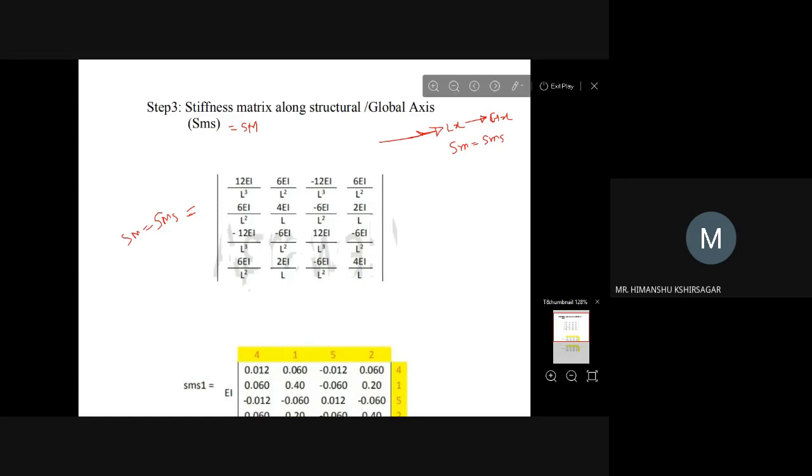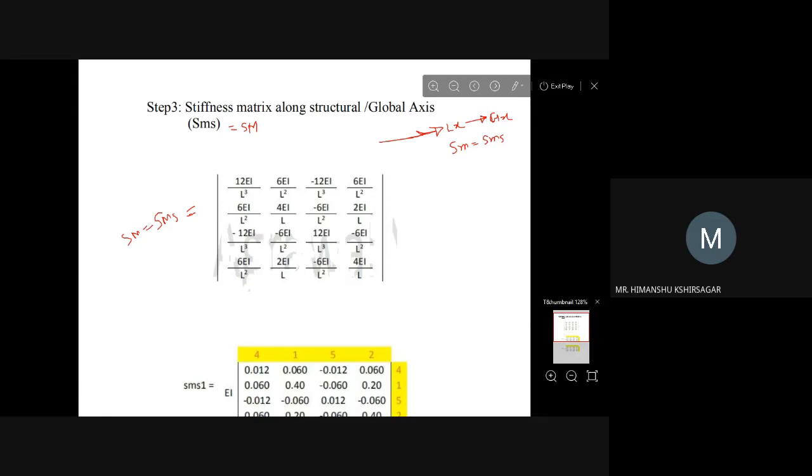Okay, so there are 2 members only, so there will be SMS1 and SMS2. However many members there are, that many SMS matrices there will be, and with the help of those SMS matrices, we assemble the joint stiffness matrix, that is the SJ matrix.